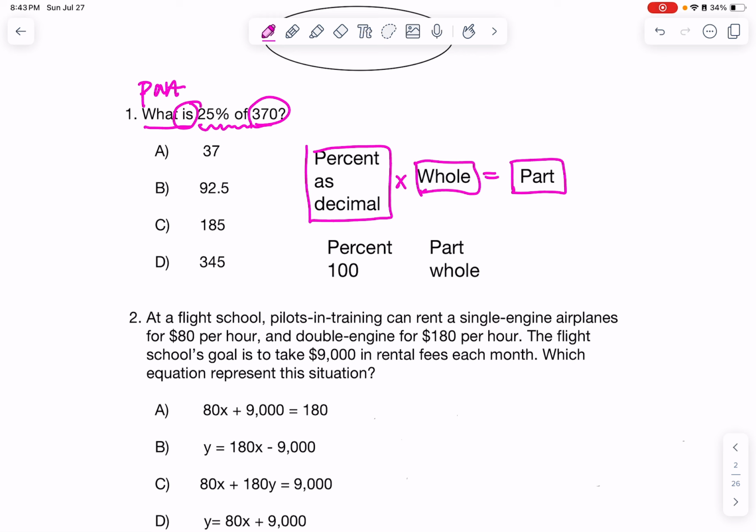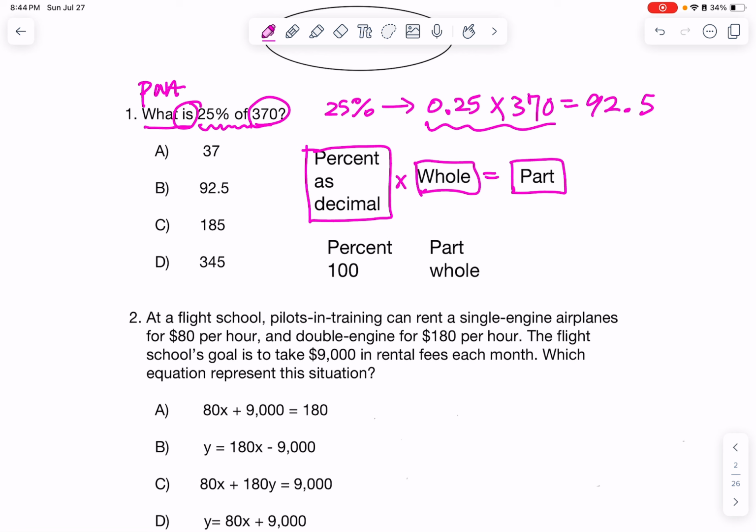So if you want to change that 25% of 370 into a percent equation, you change the percent to a decimal, which is 0.25, and then multiply by the whole number, which is 370. That gives you the part. After you put the numbers into the calculator, you can easily find 92.5 as the solution.